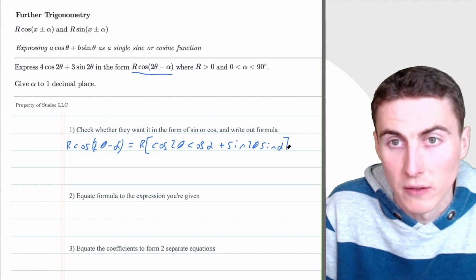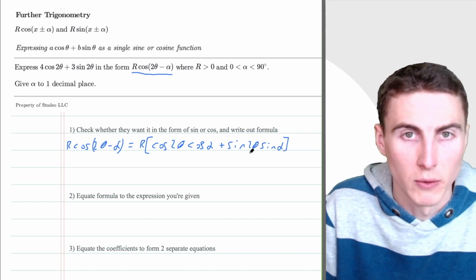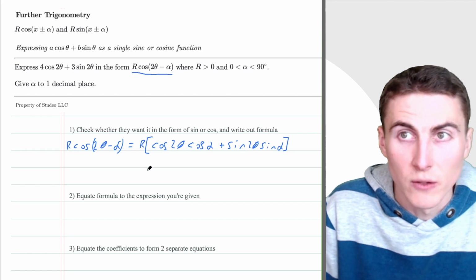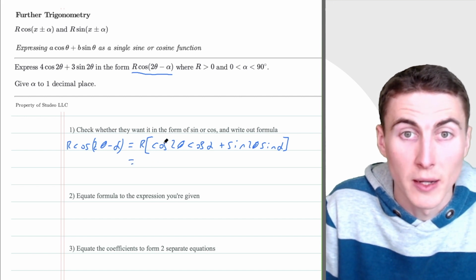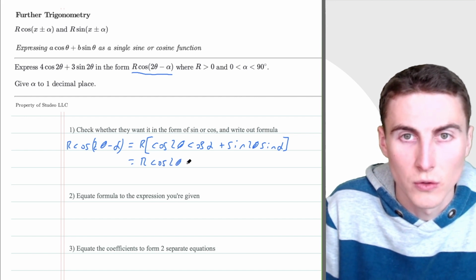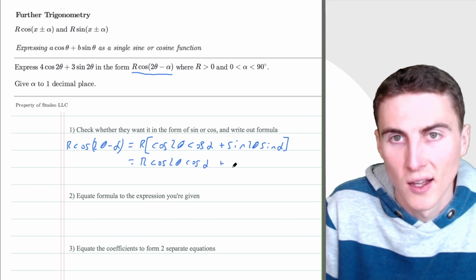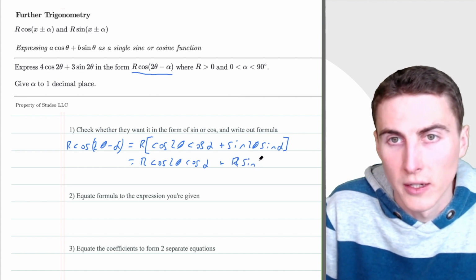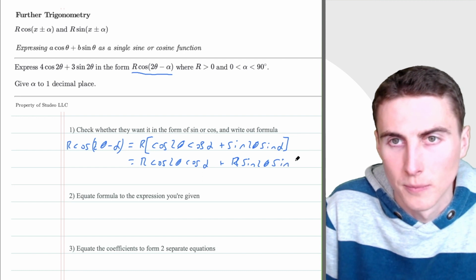And this formula you should be given in your formula booklet anyway. And then if we expand the brackets, we would have r cos 2 theta cos alpha plus r sine 2 theta sine alpha.